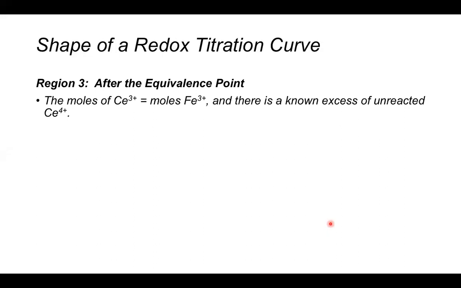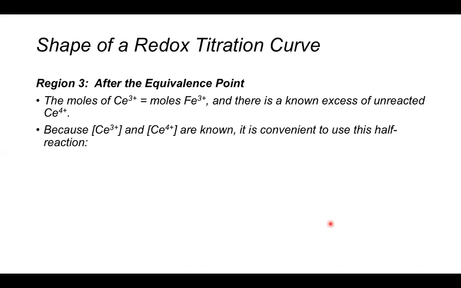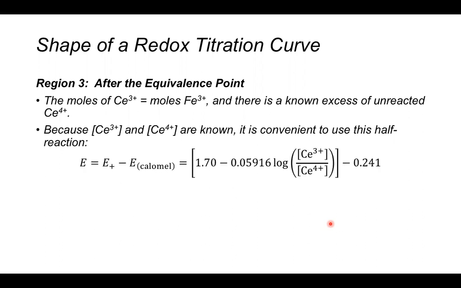So there is an excess of unreacted cerium 4 plus. Because we know the concentration of cerium 3 plus and the excess cerium 4 plus, it's convenient to use that half reaction. So the potential is the potential of the reduction minus the reference potential, which is 1.70, the Nernst equation for that reduction, minus the potential of the reference electrode.